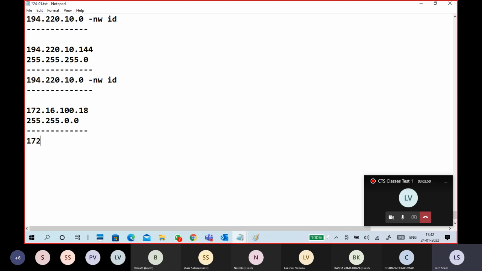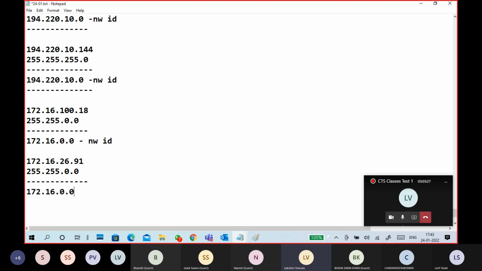Tell me the network ID: 172, 16, 0, 0. Another one is 172, 16, 26, 91 with the default subnet mask: 172, 16, 0, 0.